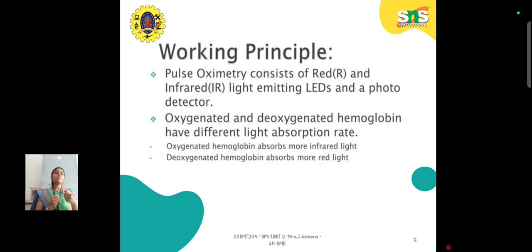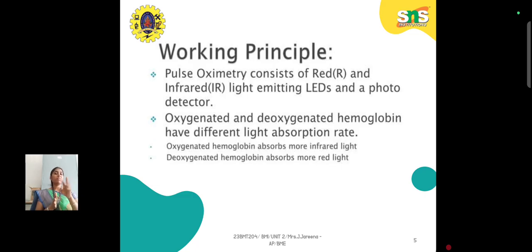So that is the concept applied here in pulse oximetry. That is the reason we choose two LED lights, because we have two targets, oxy and deoxy, and both have different optical properties. One works well with red light and one works well with infrared.